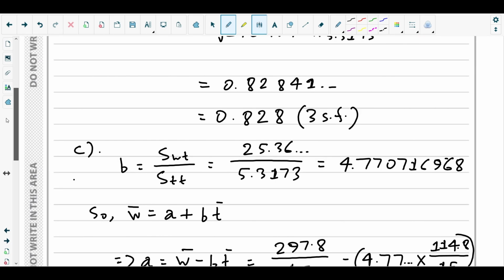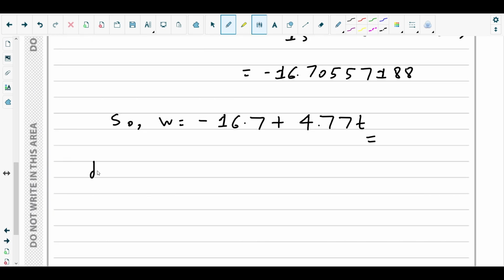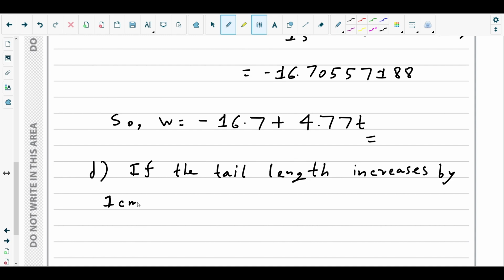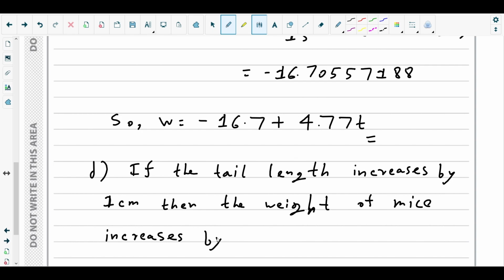So the interpretation is: if the tail length increases by 1 centimeter, then the weight of mice increases by the gradient, 4.77, up to 3 significant figures.